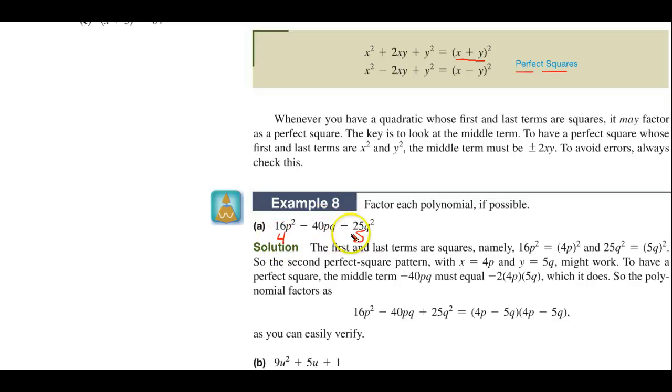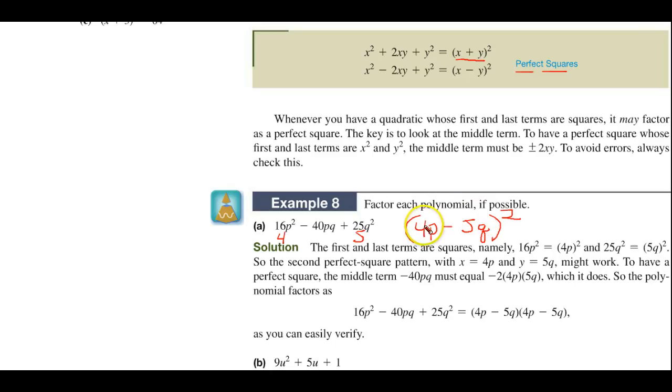This is a perfect square trinomial. You can recognize that it will factor into something like this. So this will be a 4p. We're going to use our negative sign and get 5q.